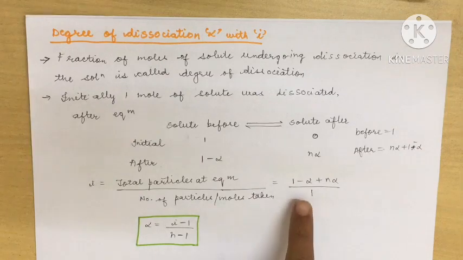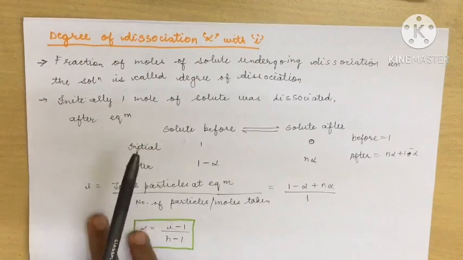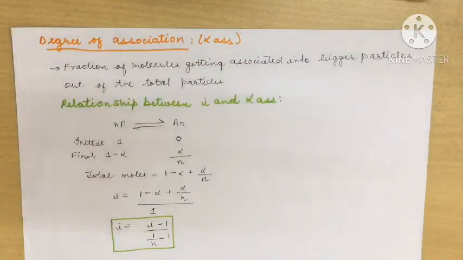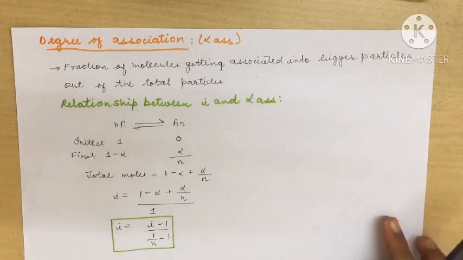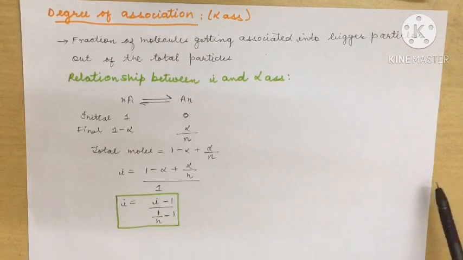So that is 1 minus alpha plus n alpha, upon 1. Calculating it, you get the value of alpha for the degree of dissociation as i minus 1 upon n minus 1. So this is the degree of dissociation. Now we talk about the degree of association, that is alpha association.